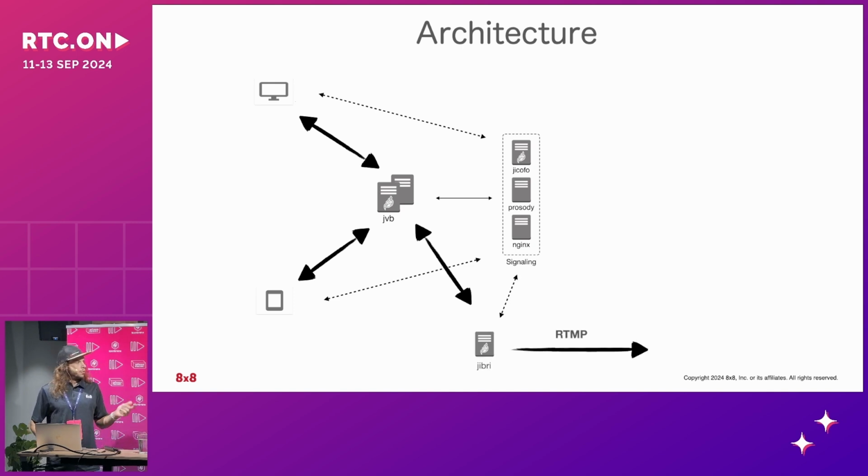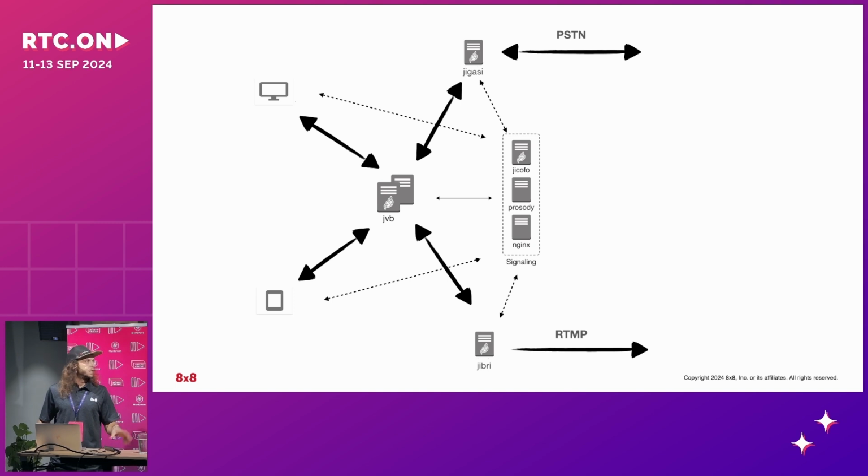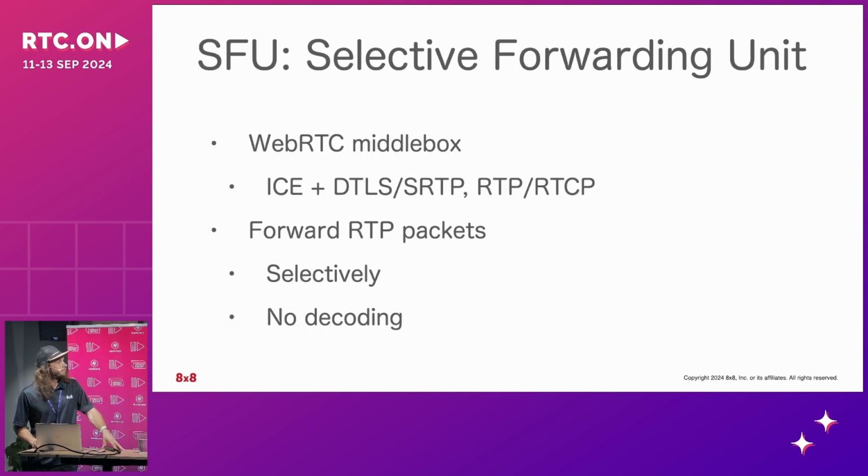And if we want to do extra things like stream the conference to RTMP, or connect to the PSTN or SIP, or do transcription, any of these things, we add a regular endpoint, connect over ICE and so on. So the SFU just does SFU stuff.